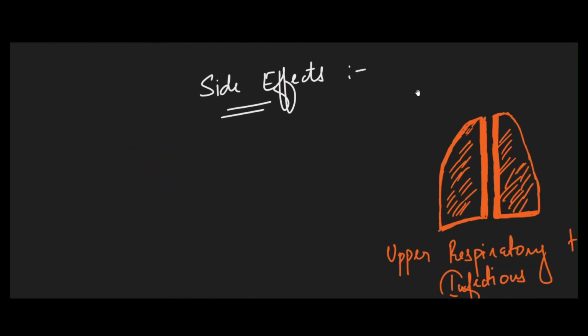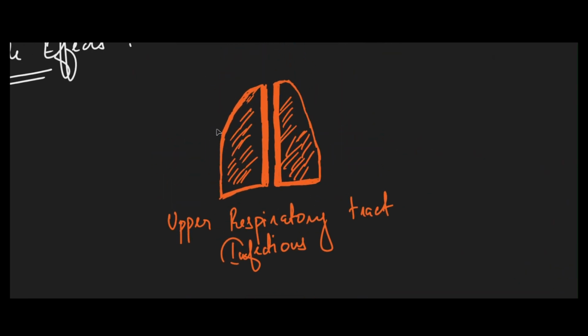Now coming to the side effects of sitagliptin, the first one is upper respiratory tract infection. Now if you want to know more about how does it occur, just remember that in the upper respiratory tract or in the lungs, you have the T cells. Now these are the T cells. So what happens is that T cells also have DPP in them, but it is known by another name. It's known as CD26.